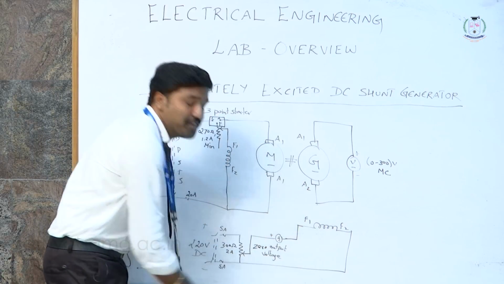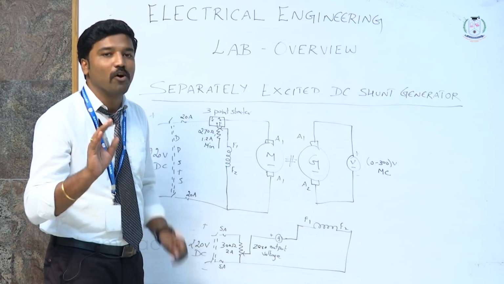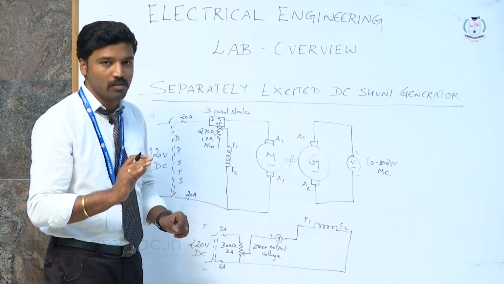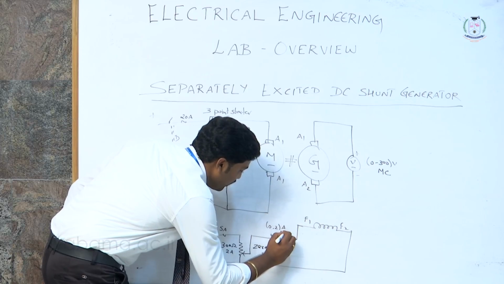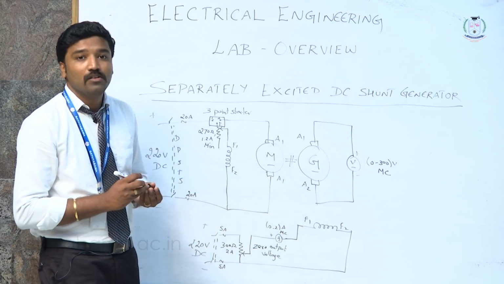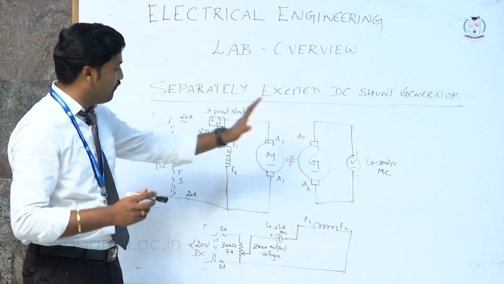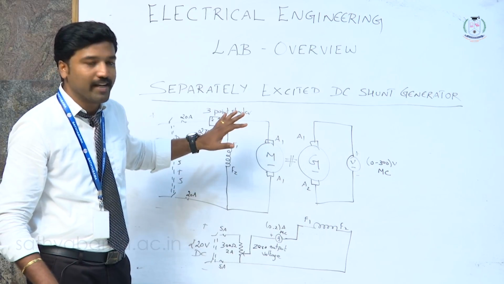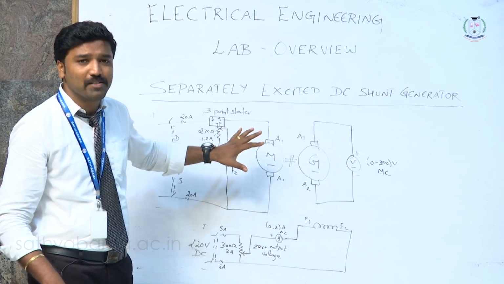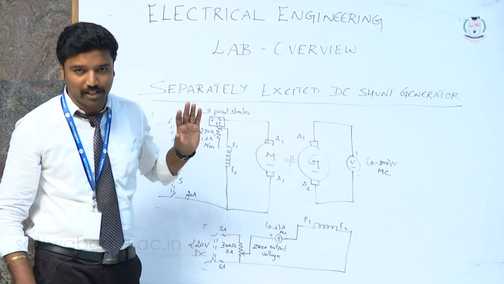So what range can we choose? A 0 to 2 ammeter is more than enough. Always your field current will be less than 2. Okay, so take it as 0 to 2 ammeter with MC. Right? I hope this diagram, the flow of what we have done, is very easy for your understanding. And with this diagram representation, we can do the other experiments as well.